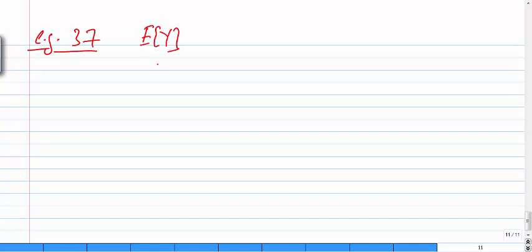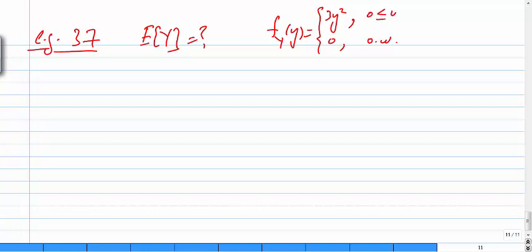Let's move to the next example. This is example 3.7, and it says calculate the expected value of y. f_Y(y) is given to us, and that is equal to 3y squared between 0 and 1, and 0 otherwise.